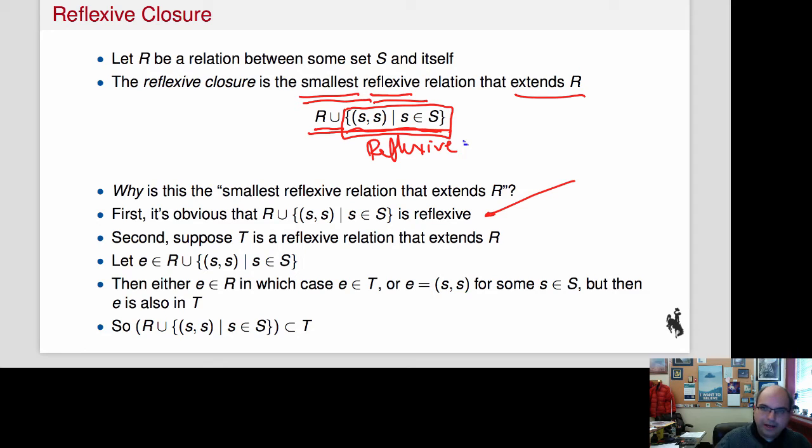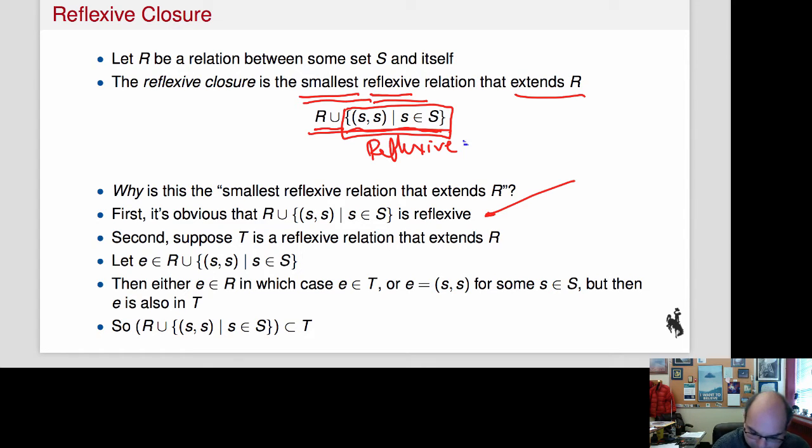So when I add anything else to that, I end up with a reflexive relation, because all that reflexive means is that we should have all the tuples (s, s). So we already have them. That's great. Now, how do I know that it's the smallest one?